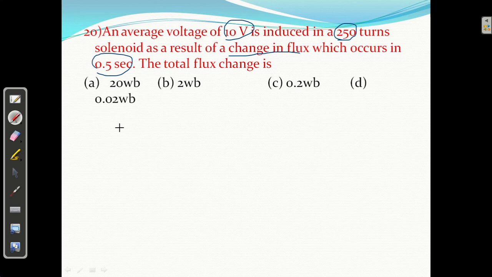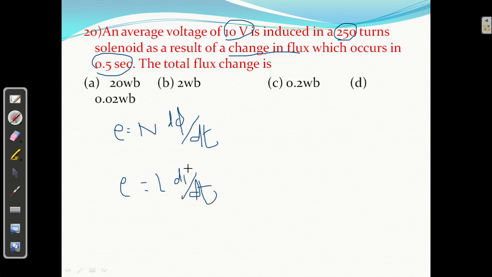We know the average EMF induced equals N d phi by dt. Another formula is L di by dt. You can use that formula, but L is not given.